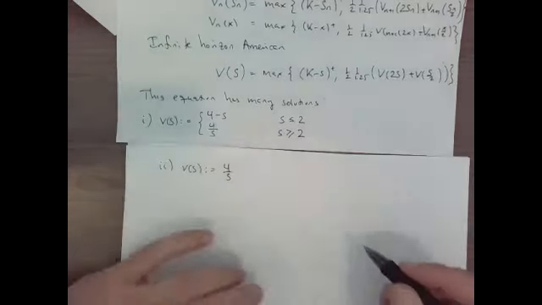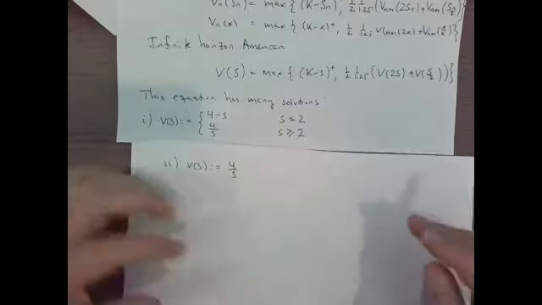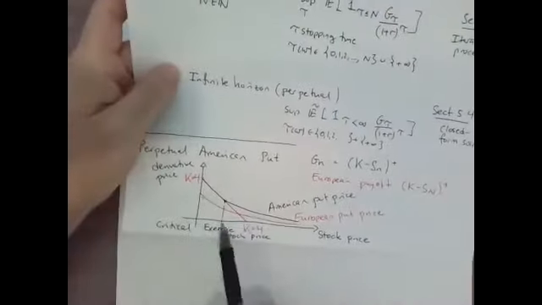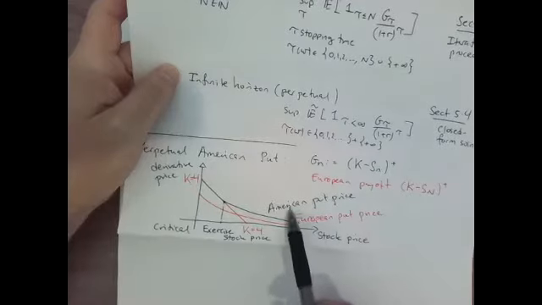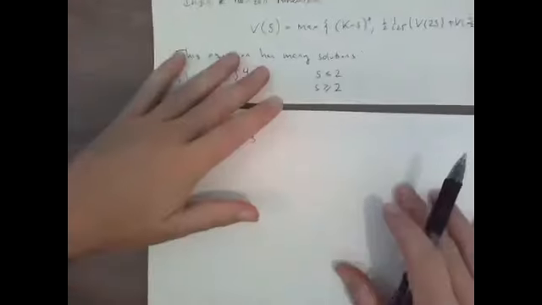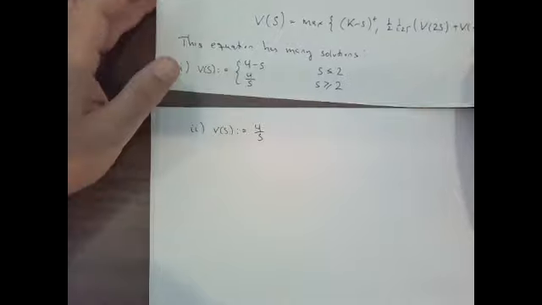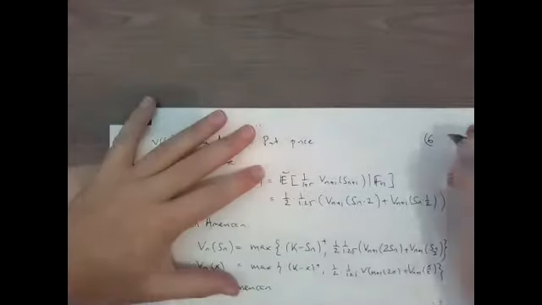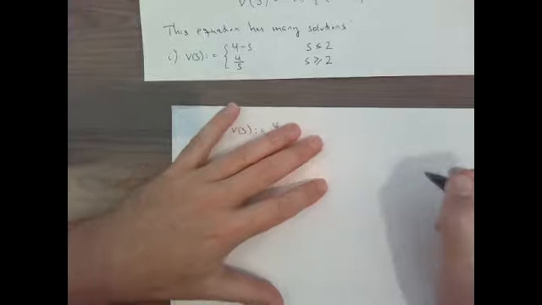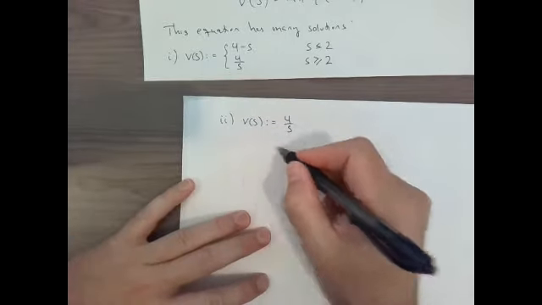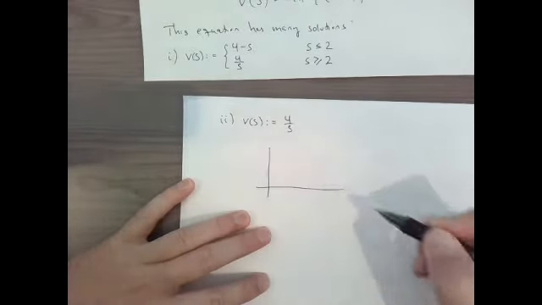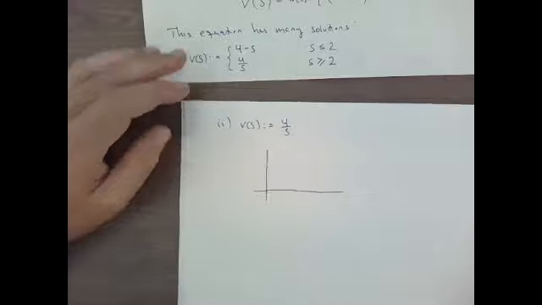And then we can look at a picture. So we're going to try to recreate the picture we have down here. I'm going to take the red stuff away and just focus on the American part. So on a picture, what do I have?